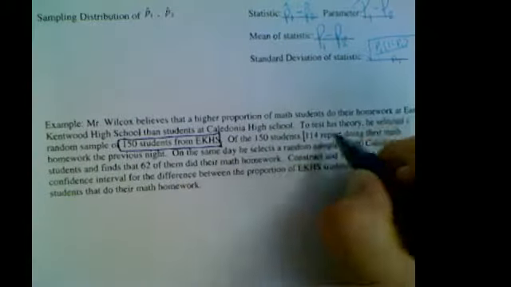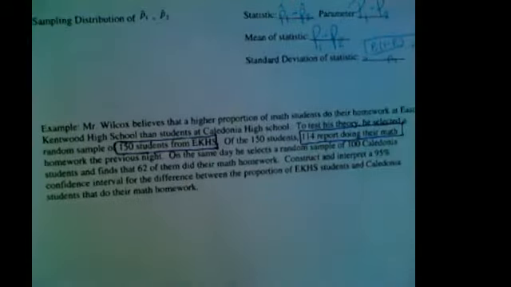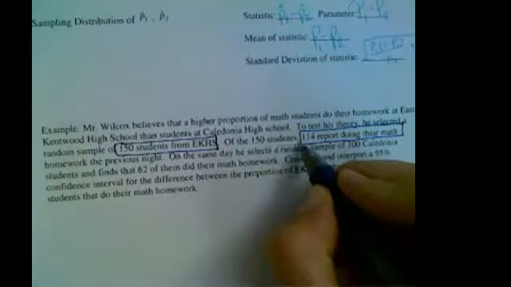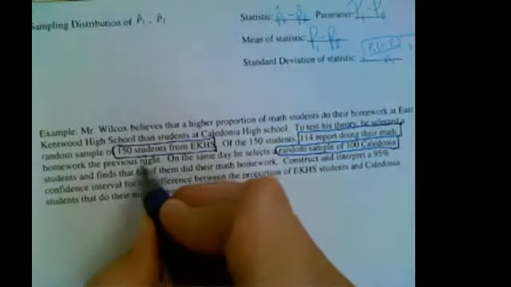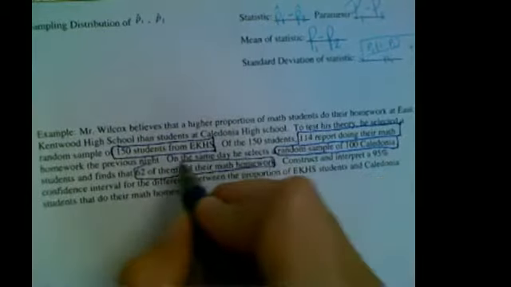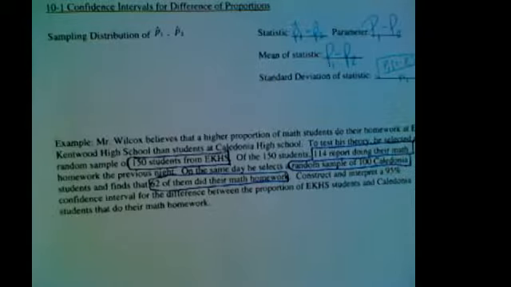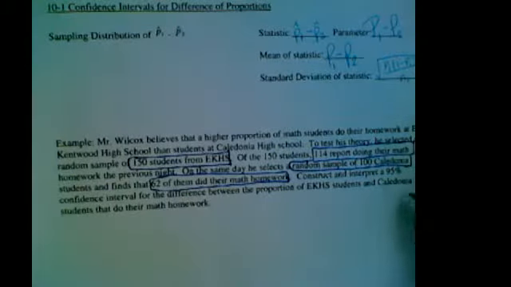Of the 150 students, 114 report doing their math homework the previous night. On the same day, he selects a random sample of 100 Caledonia students and finds that 62 of them did their math homework. Construct and interpret a 95% confidence interval for the difference between the proportion of EKHS and Caledonia students that do their math homework.